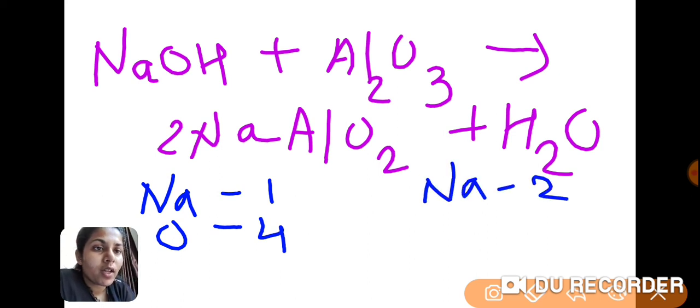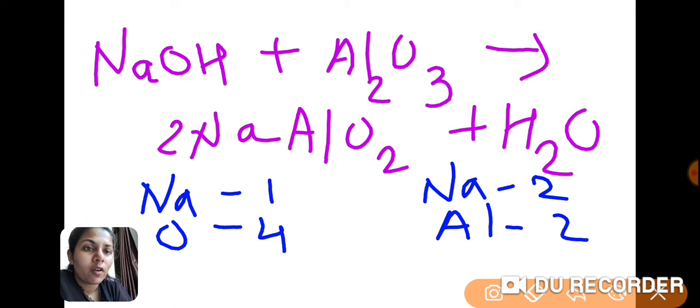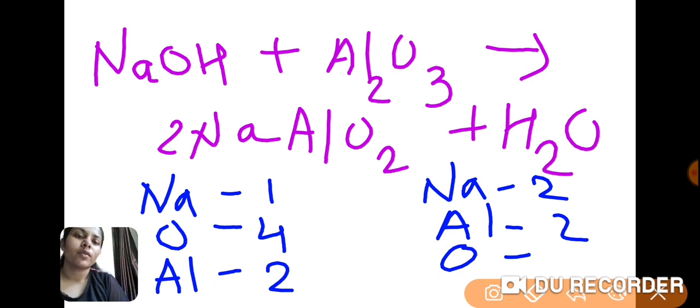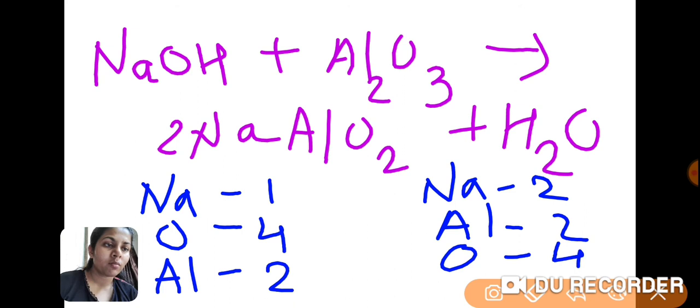If we multiply Al by 2, so aluminum 2 molecules, and on the reactant side aluminum has 2 molecules, and oxygen in NaAlO2 reacts with 2 molecules of that, so we will get 4 molecules of oxygen plus H2O also has 1 molecule, so total 5 molecules of oxygen.